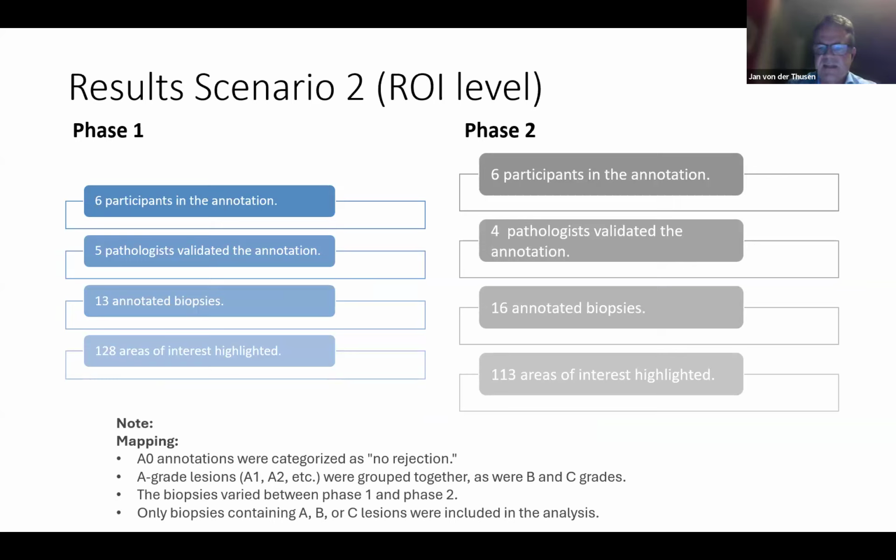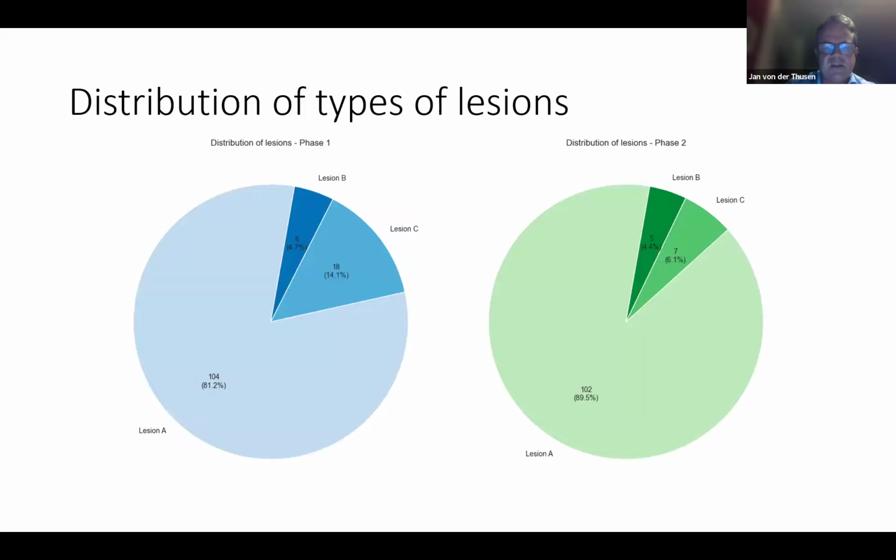Again, we had a consensus meeting in between, and then using those confirmed annotations, we looked at the division again of the various lesions. So lesion A was seen in 81% of cases, in those cases that were found to be evidence of rejection, and that was quite similar actually to the second phase.